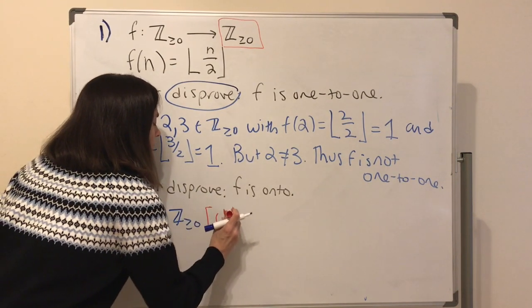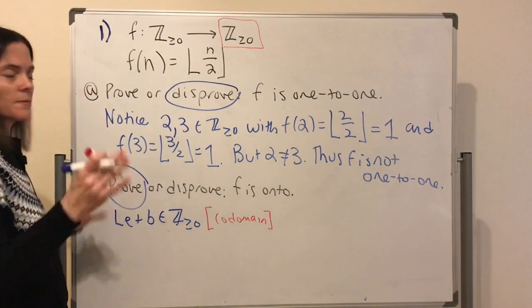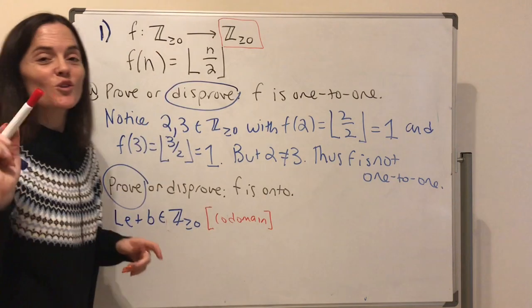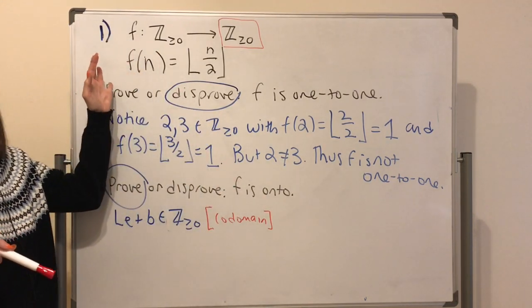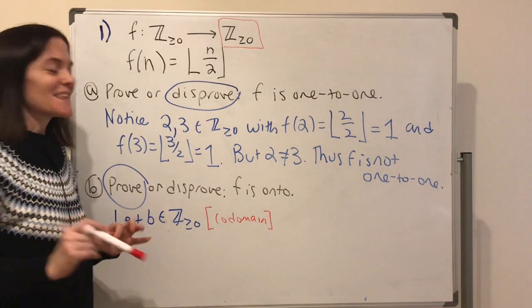This is the codomain here. I do not mean I'm taking something in the domain and then mapping it. You start with something in the codomain. Your goal is to find something in the domain that maps to b. So you need to show it is in fact in the image.